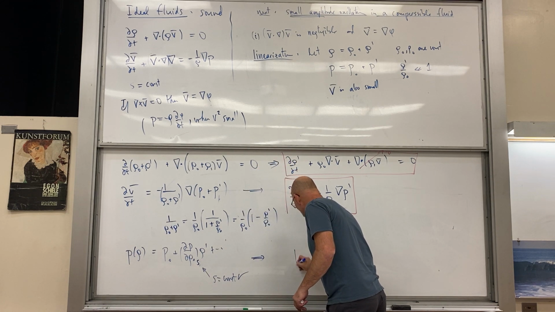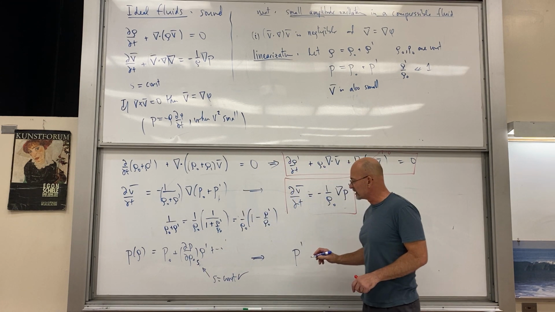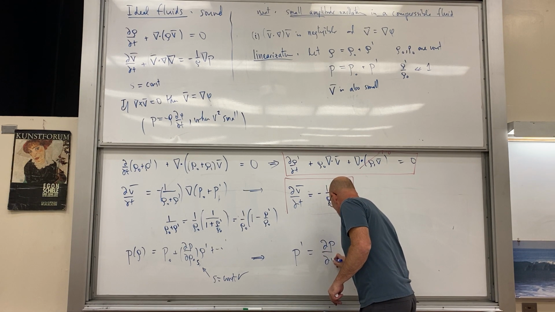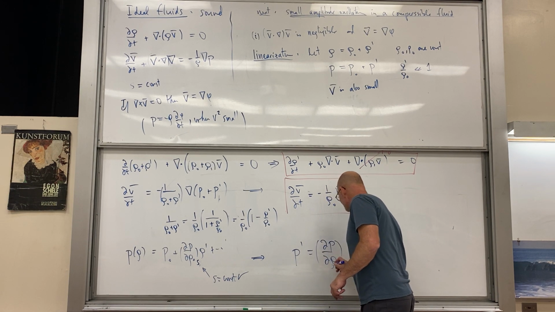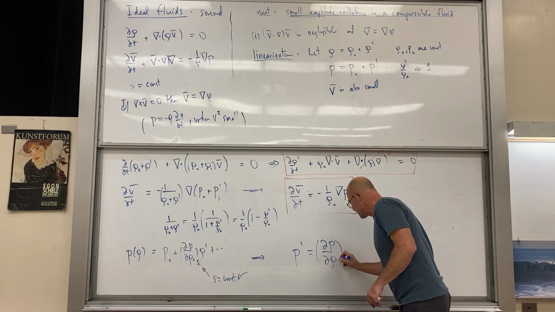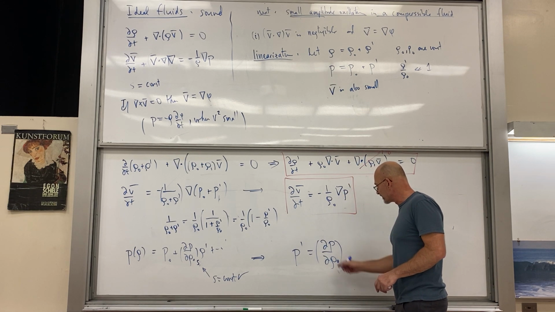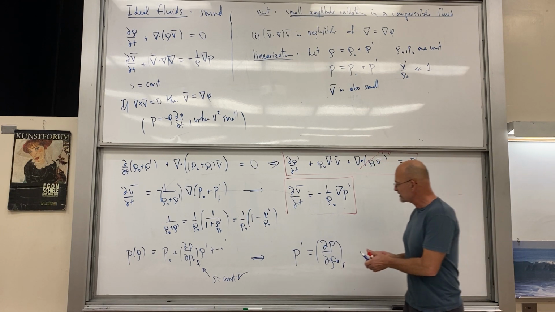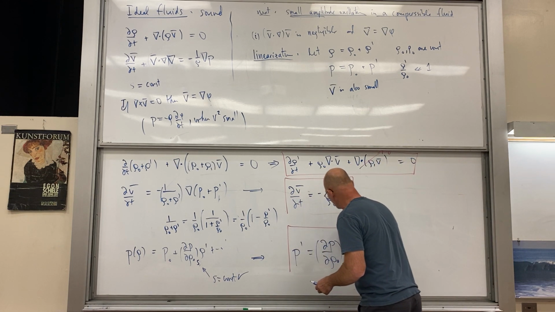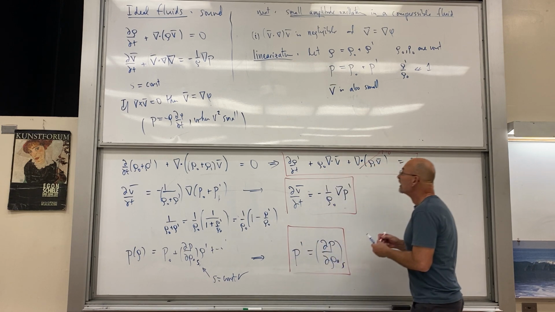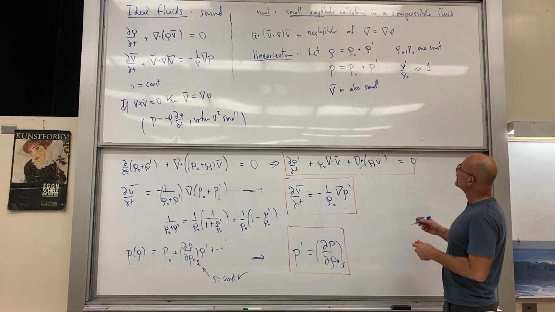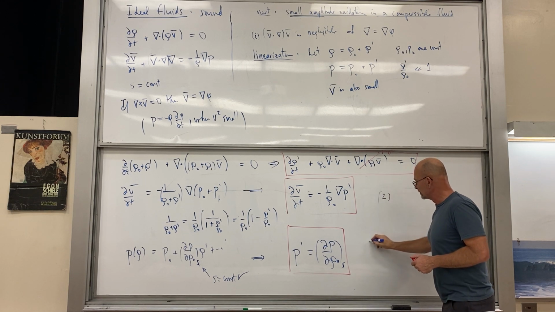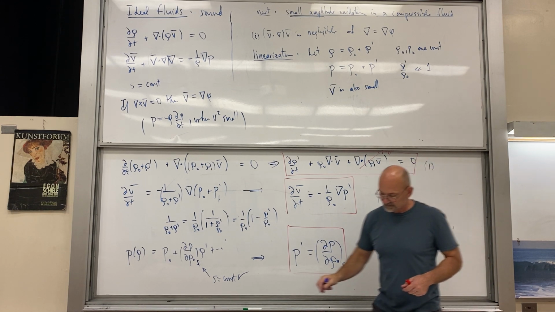So what we have is a small fluctuation in p there. p prime is equal to dp d rho evaluated at rho 0, constant S, times rho prime. So that's our third equation. I guess I'll number these. I will erase what's up there. Okay, so it's 1, 2, and 3.